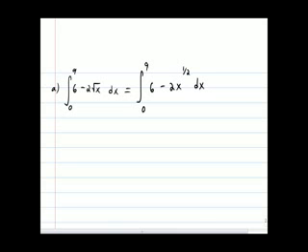Okay. Okay, now what? Anti-differentiate. Okay, so 6x is something x to the 3 over 2, okay?